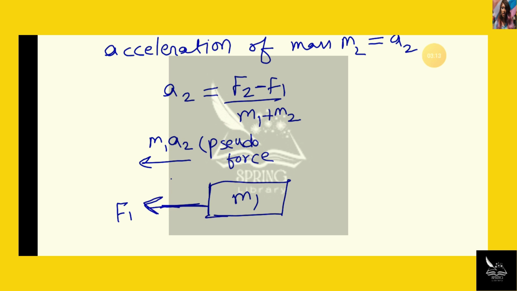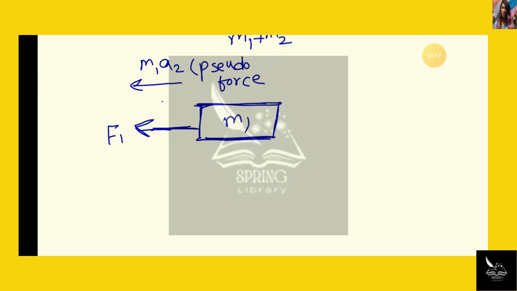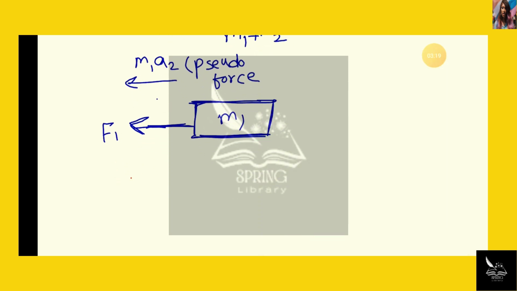So the net force acting on the first block will be equal to F1 plus m1 a2.